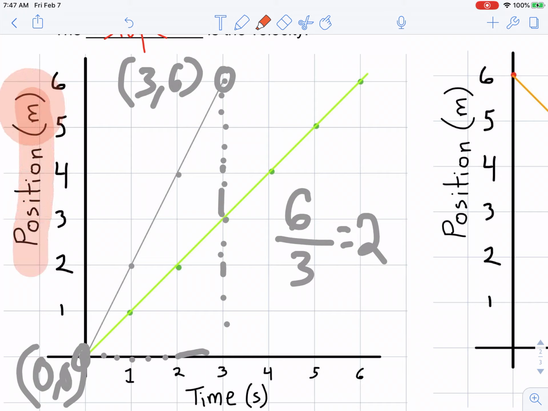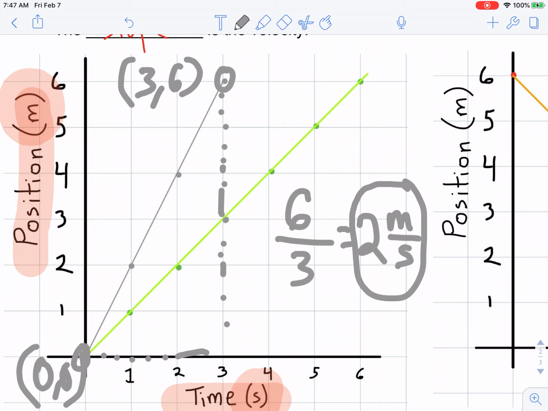And just like in a car where you're going miles per hour, we have 2 meters per second. So that's our units for velocity. So the slope of a position versus time graph is the velocity. If someone were to ask you, how fast is the rabbit going? The hare is going 2 meters per second.